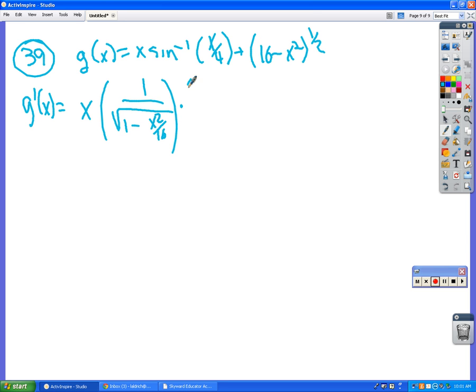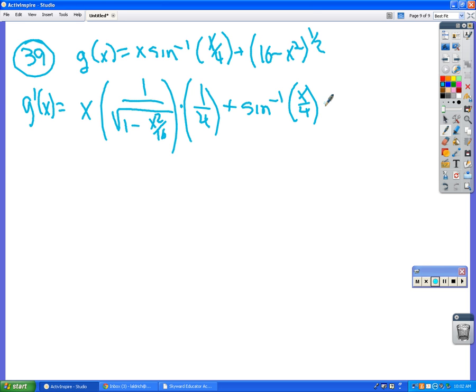Why did you do that? Is that 16 or 10? That's a 16. Because the formula is the square root of 1 minus x squared, and our x in this case is x over 4, and x over 4 squared is x squared over 16. So that's 1d2 plus 2d1, the derivative of the first step.